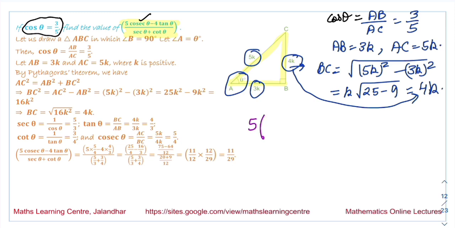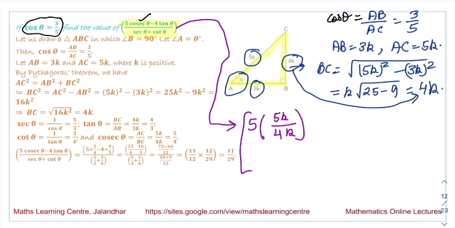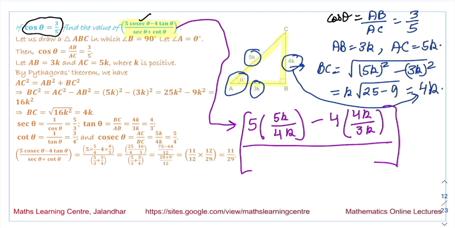It is 5 into cosecant theta, and the formula for cosecant theta is hypotenuse over perpendicular, that is 5k over 4k, minus 4 times tan theta, so it is 4k over 3k, divided by secant theta.